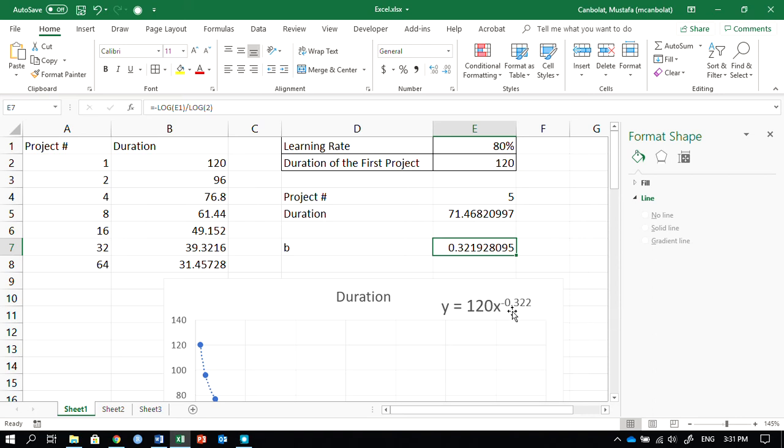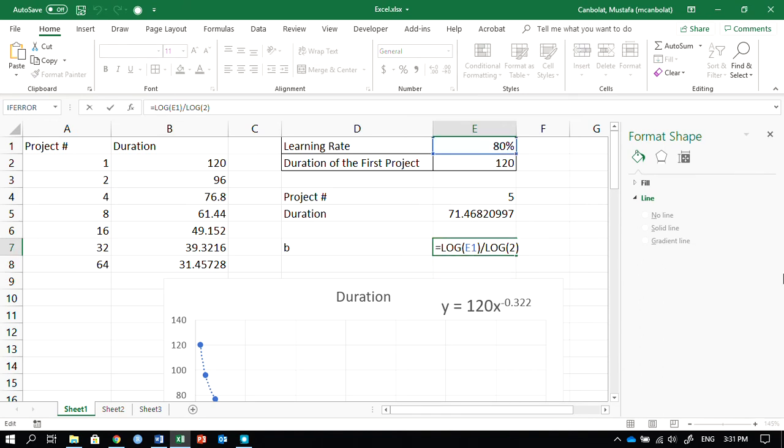So just know that you need to divide the log of the learning rate by log of 2, and you are going to find the b value, okay? And then you are going to take the negative of that in your formula. That's just to be concise, to make that a positive number.